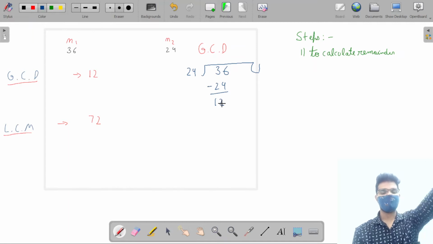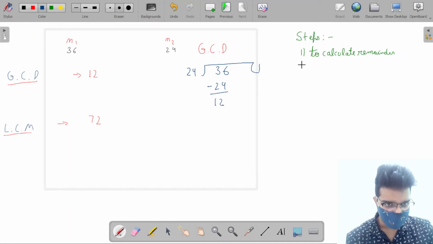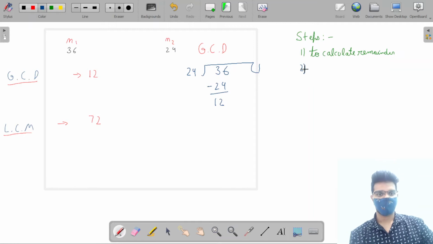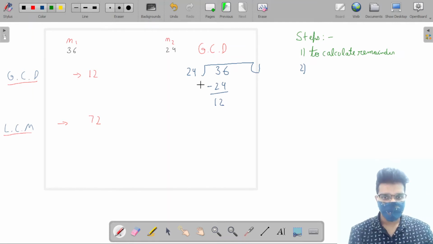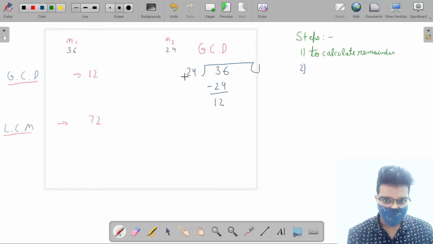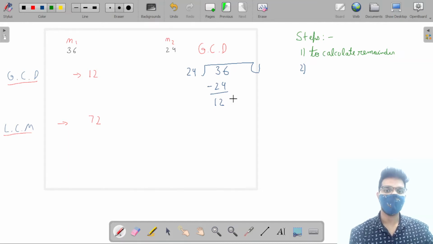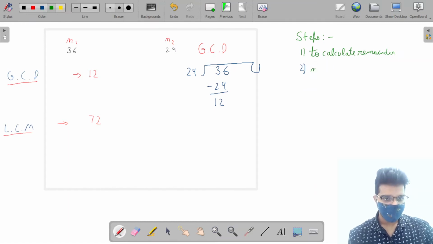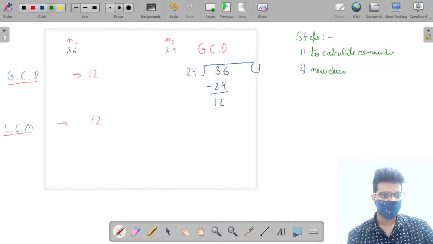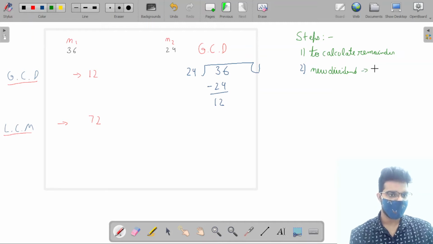Now, the second step, and it's one of the most important steps: we are going to update our divisor and dividend. Think how we can do it. We can bring our old divisor and make it our dividend. So my new dividend will be my old divisor.